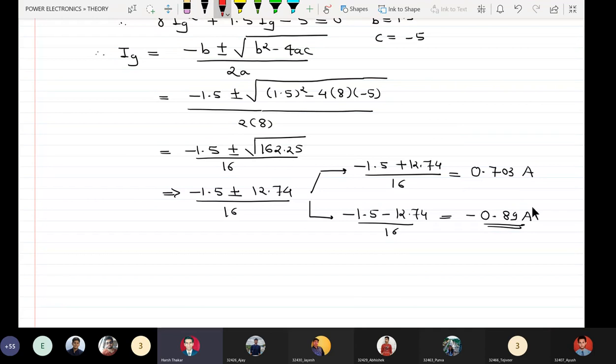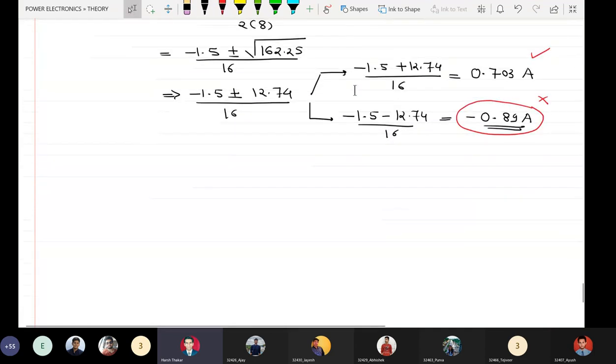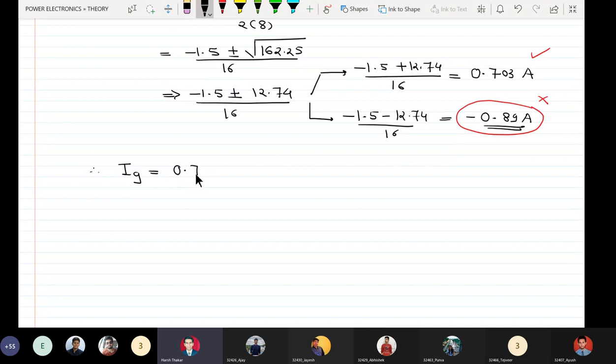We know that gate current cannot be negative, so we have to accept the positive value. Therefore Ig equal to 0.703 amperes.